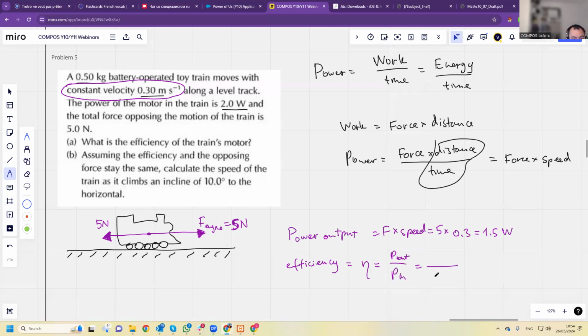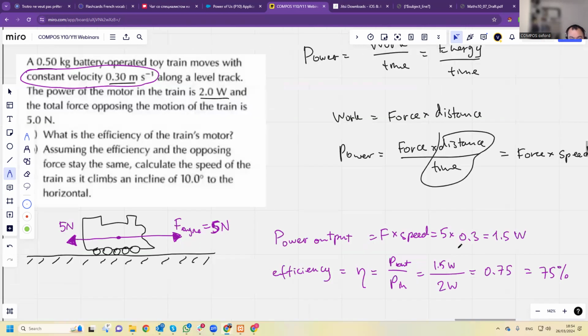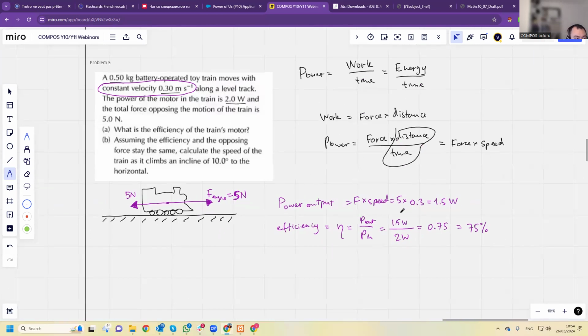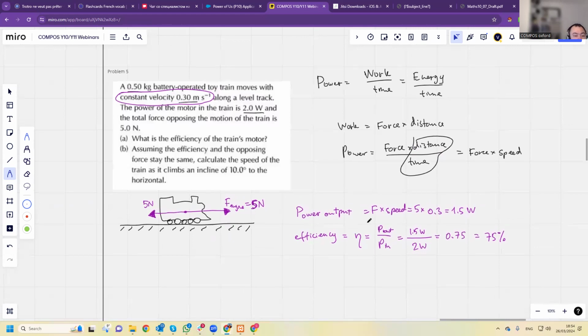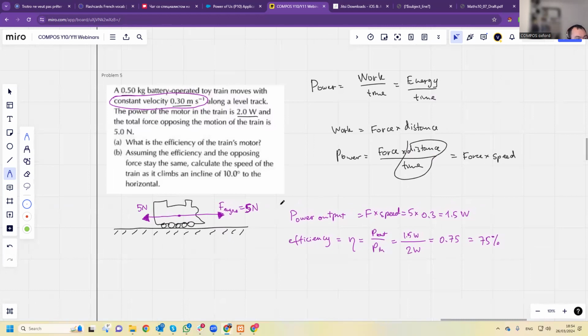We know that the power in is 2 watts and the power out is 1.5 watts. So that's 0.75 or 75%. So the efficiency is 75%. So that means 75% of the electrical energy goes into the movement and 25% goes into heat.